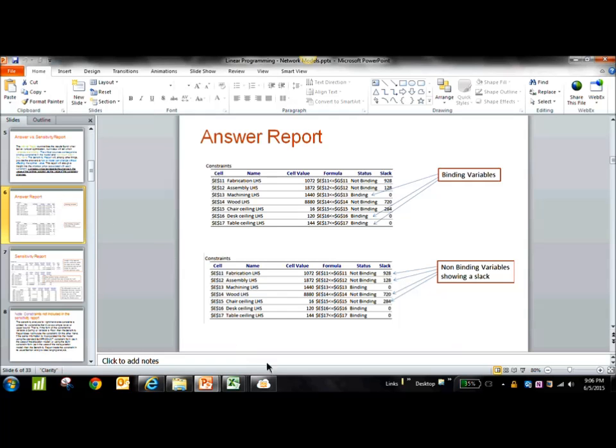So some of you might have some questions around the difference between the answer report and the sensitivity report.